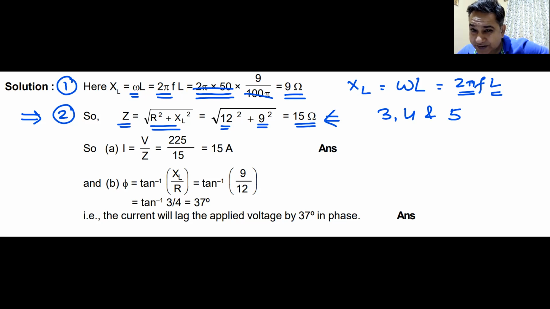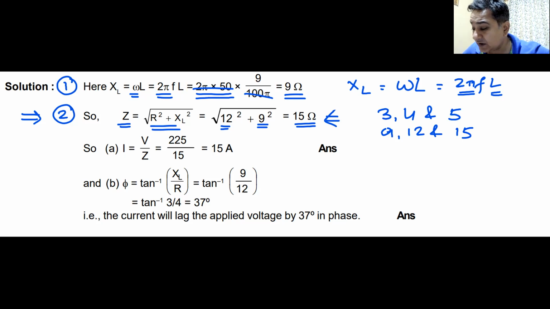If I multiply this by 3, it becomes 9 square plus 12 square equal to 15 square. So 9, 12 and 15. In fact, if I multiply by 2, 6, 8 and 10 are also Pythagorean triplets.